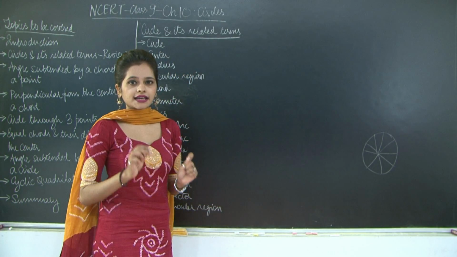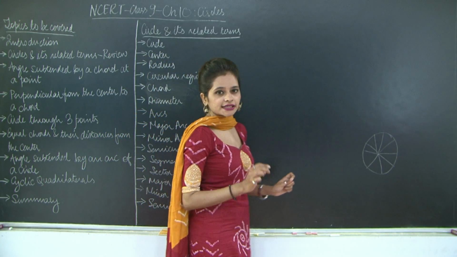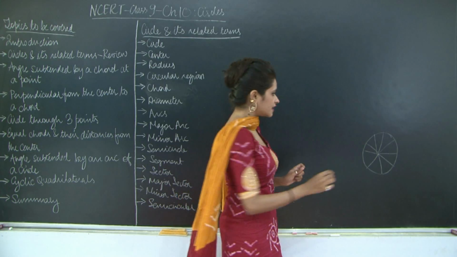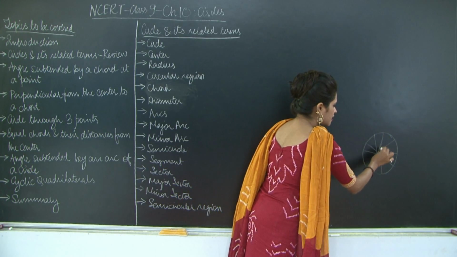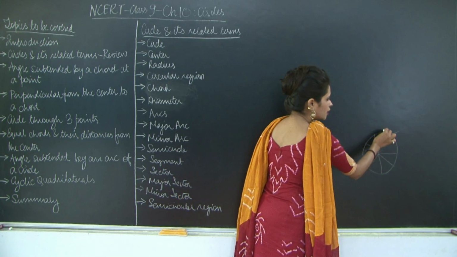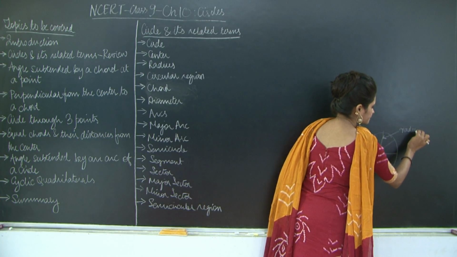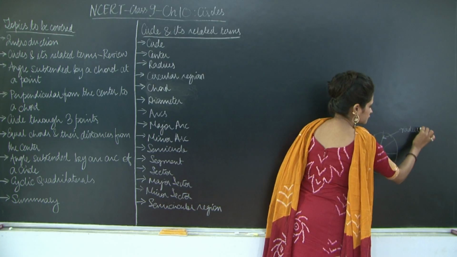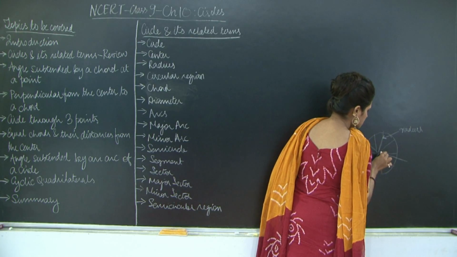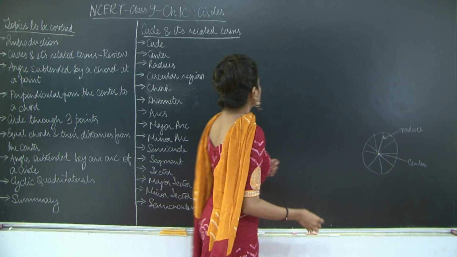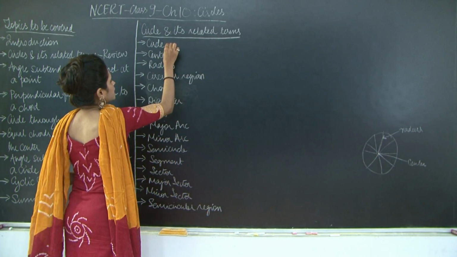So circle is a collection of points that is equidistant from one single point, and this single point is known as the center, and this distance from the center to the point on the circle is known as the radius. This point is known as the center. So what is a circle?